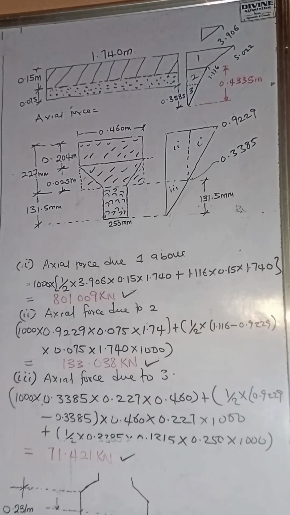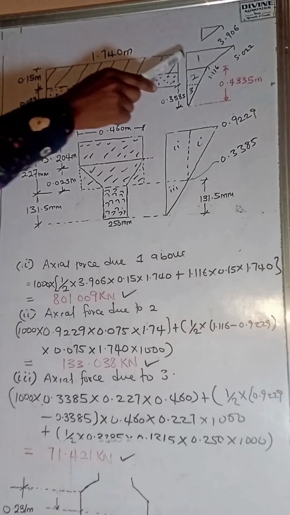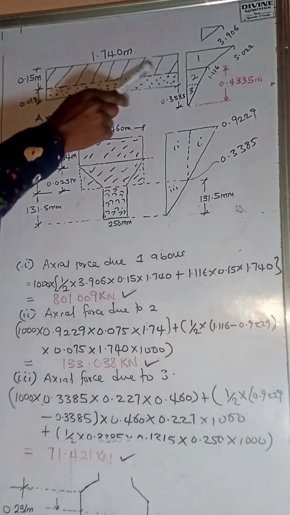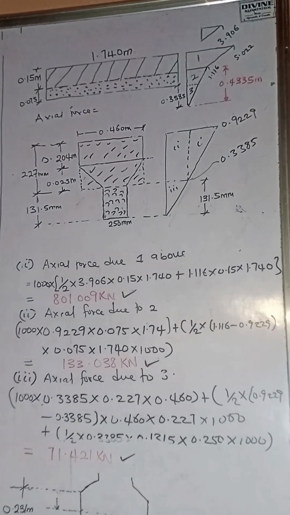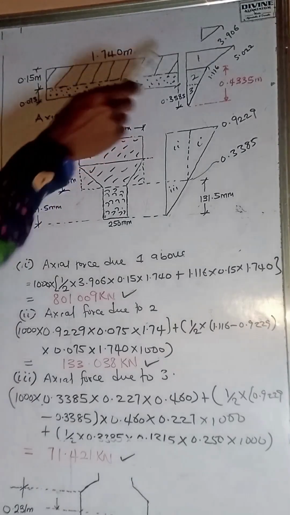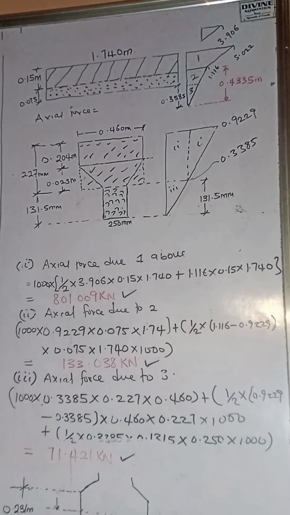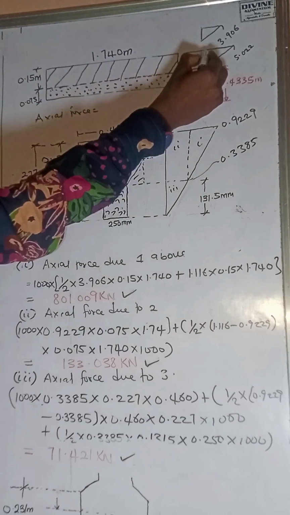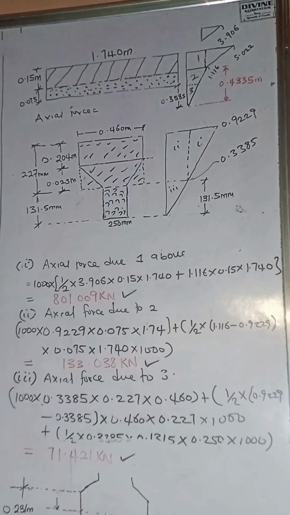Having done this, the next thing we are going to do is multiply this stress by the area. Let's start with portion 1, which covers the whole of this shaded part. For that portion, we will divide the stress into two: a triangle and a rectangle.